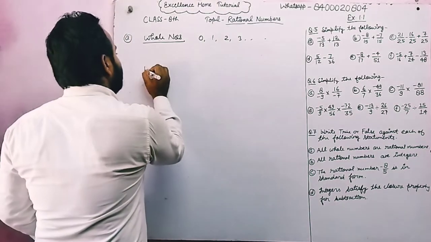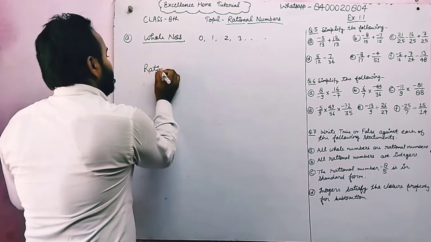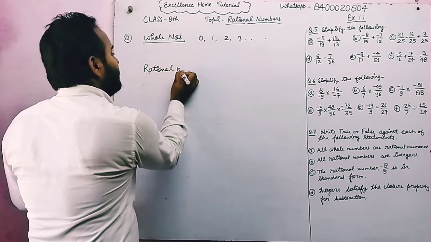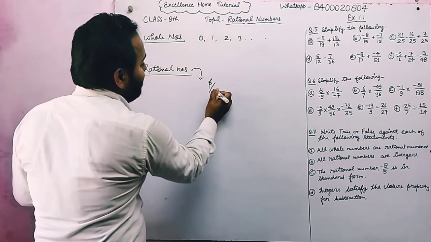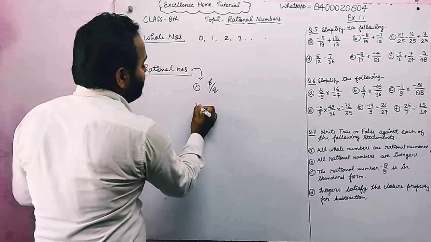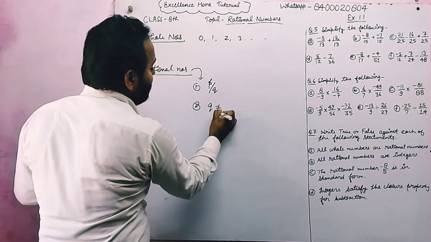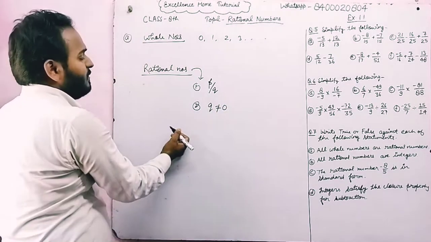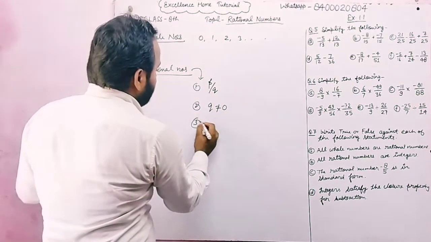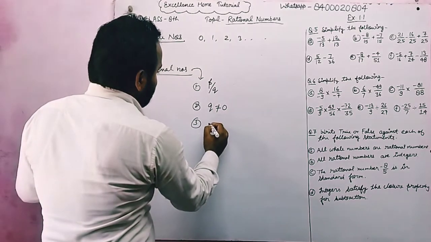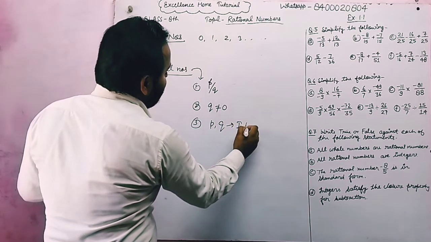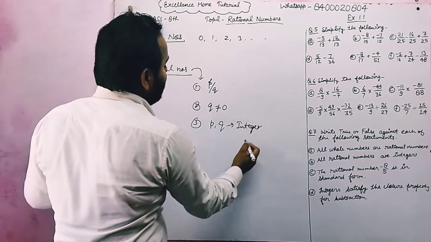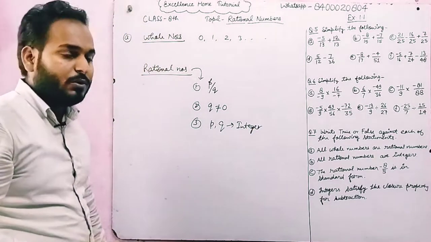So for rational numbers, the conditions are: first, it is written in the P by Q form. Second, Q is not equal to 0, that means the denominator must not equal 0. And third, P and Q must be integers, that means positive, negative or 0.